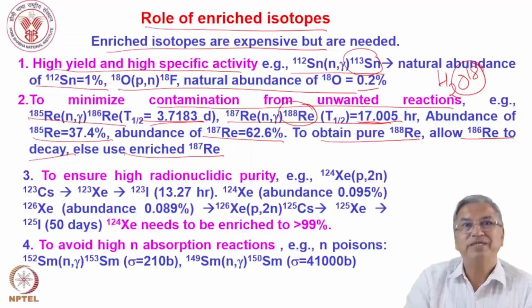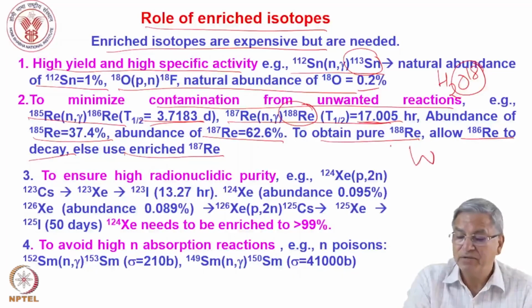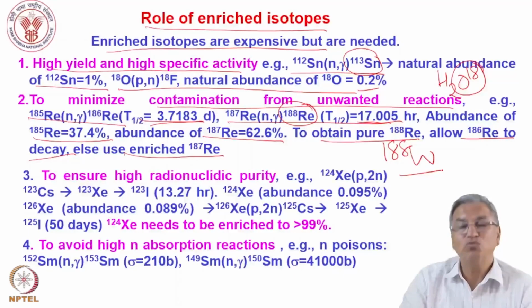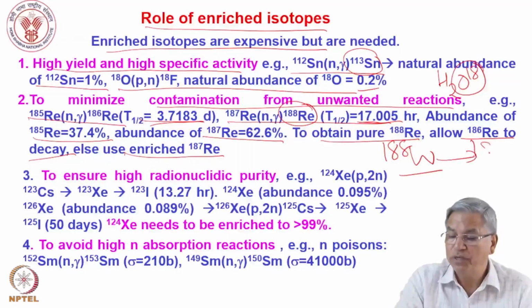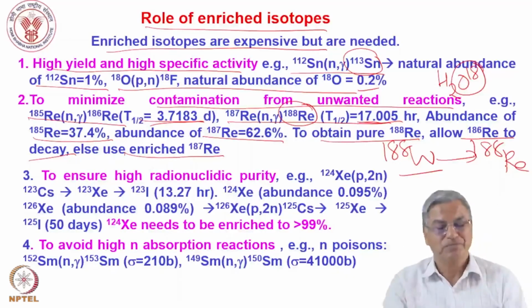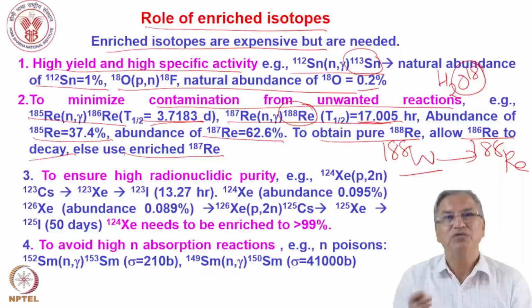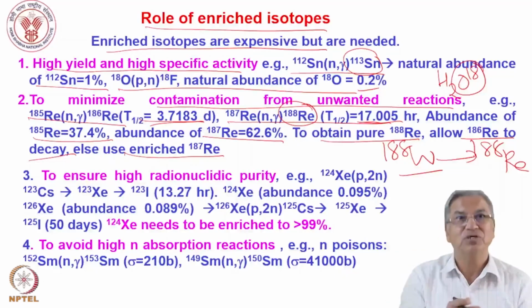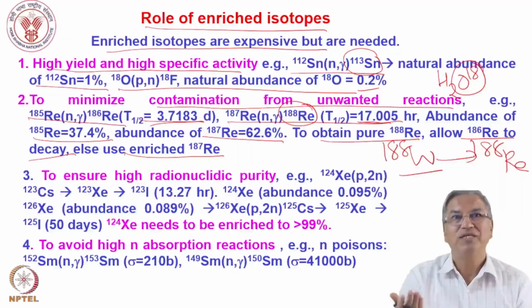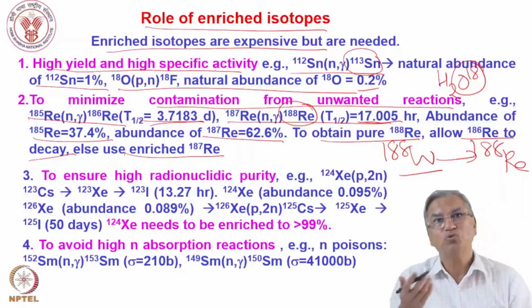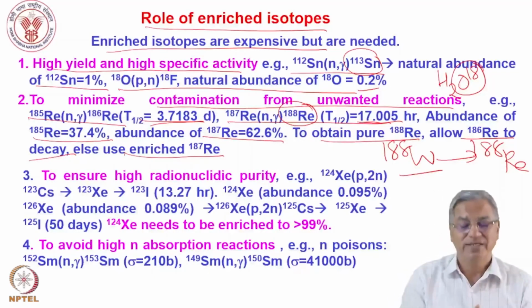That is what I was telling, that tungsten 188, if you have, you can produce by 2 neutron capture, that will give you 188 rhenium. And so these problems are not there. So by N gamma route, if you produce 188 rhenium, it will be contaminated with 186, which is longer lived than 188. So in those situations you necessarily require enriched isotope.